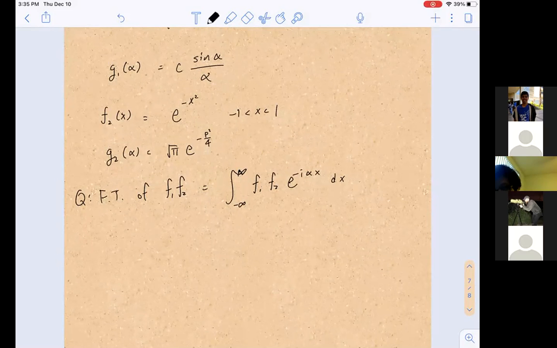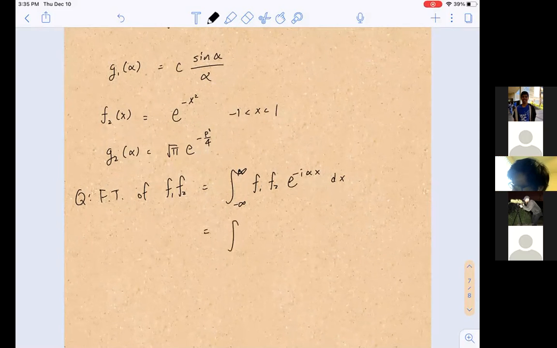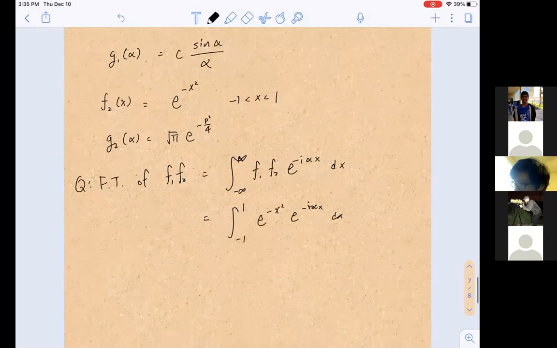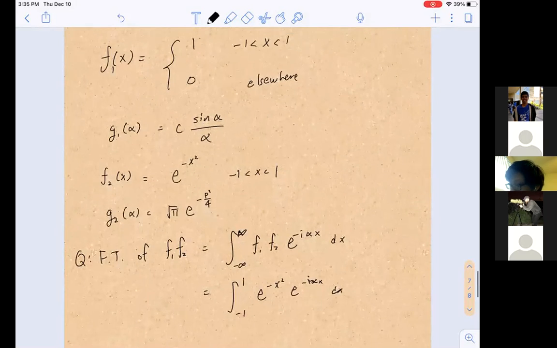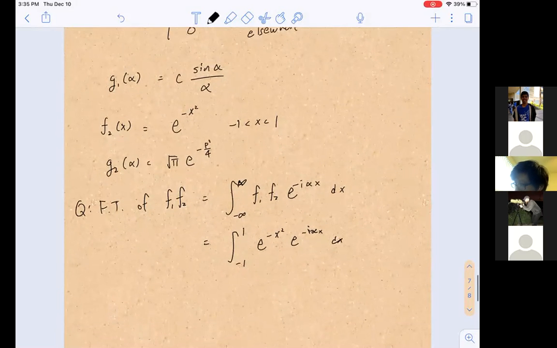I'm not sure what it is, so I wouldn't worry about it for now. This is just a show of principle, right? So this Fourier transform is, well, you only integrate from -1 to 1 of e to the negative x squared times e to the i alpha x dx. This is not something that you can easily do. And actually, I think the convolution is not easy as well. But this is equal to the convolution G1 star G2.